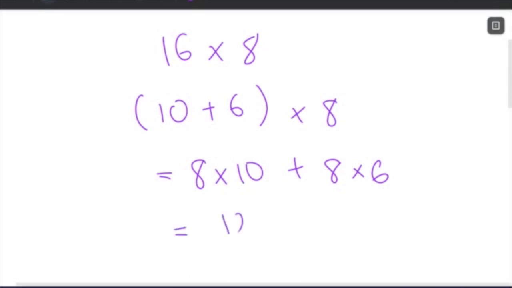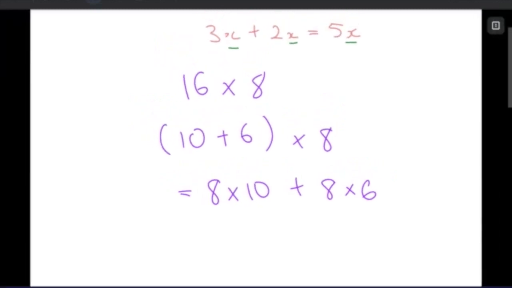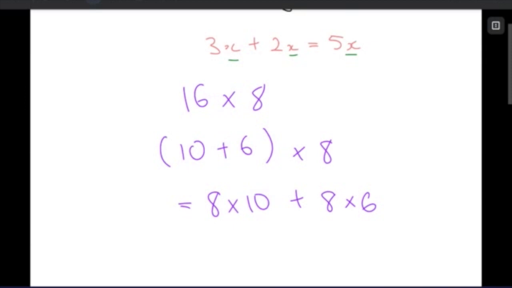The answer doesn't really matter, but let's just look at what we're doing here. Let's see what commonalities we have between what I wrote up here and what I have down here.